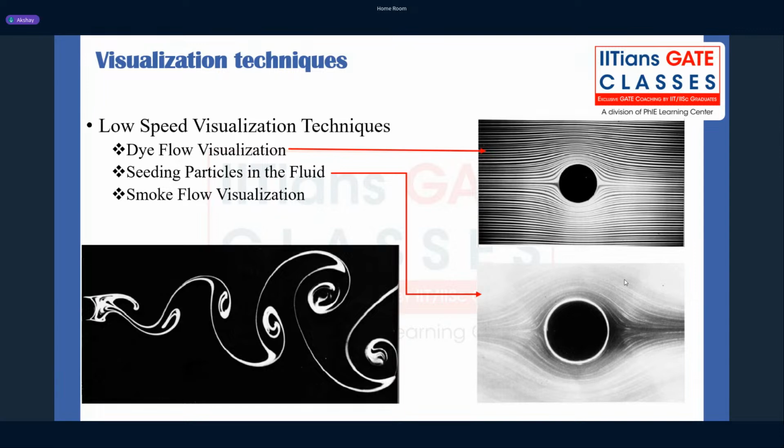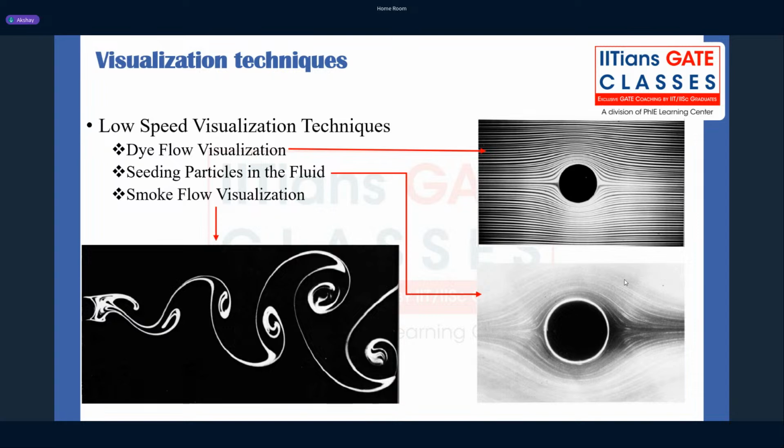air, right? We also have a very familiar technique, that is smoke flow visualization. What we do is we induce a smoke or a streak of smoke into the fluid, and we see the streamline patterns around the body of our interest, right? So these are all fairly well-known techniques in low speed, but in compressible limits, when Mach number goes beyond Mach 0.3, the problem arises due to a change in density or change in temperature of the fluid itself, right?